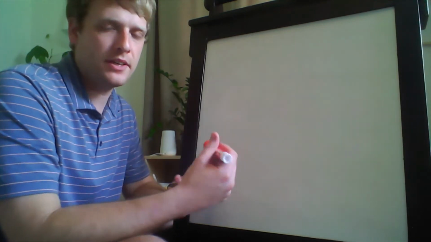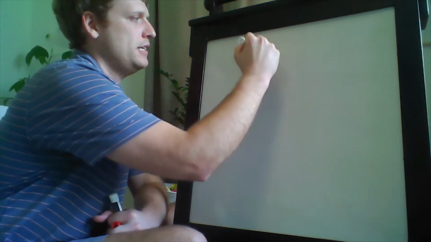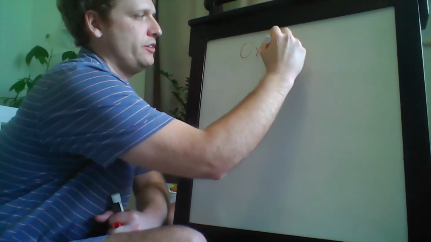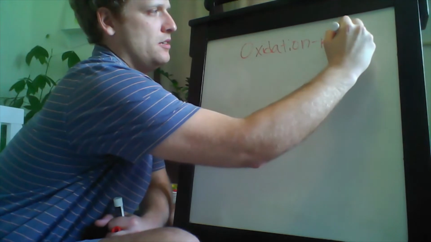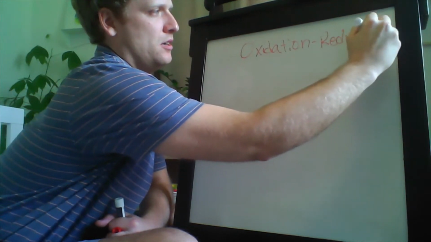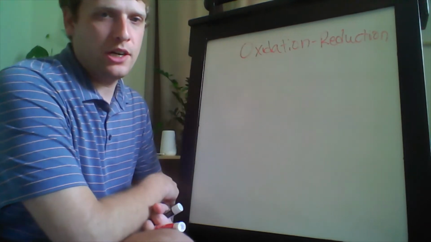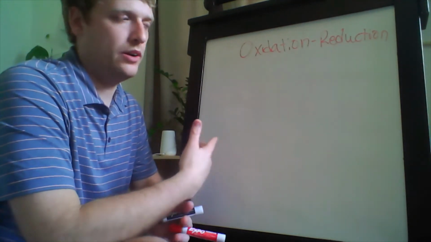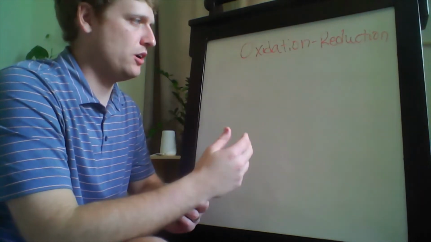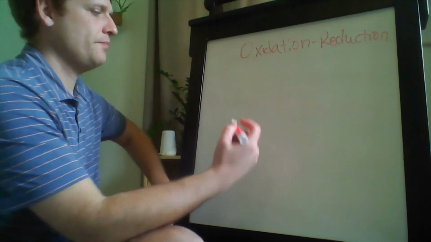And there's a specific subset of chemical reactions called oxidation-reduction reactions. So an oxidation-reduction reaction is going to be a chemical reaction where there is movement of electrons. So let's think about what I mean by this.